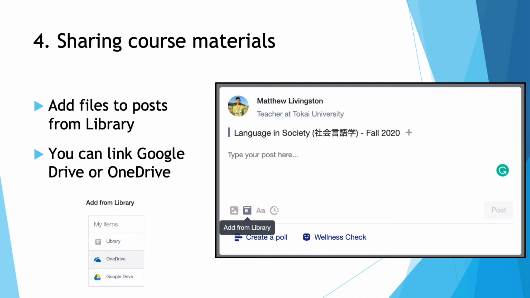So if you do want to use the function add from library, you can link your Google Drive or OneDrive. But personally, I think just sharing a file is more than enough. Creating an additional storage library on Edmodo will probably be a bigger headache than it is a benefit to you, I think.